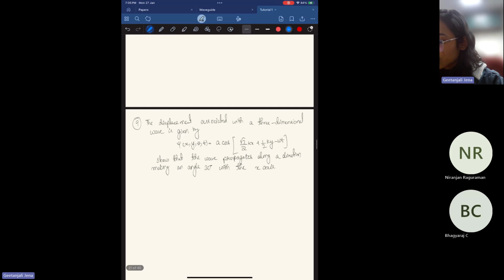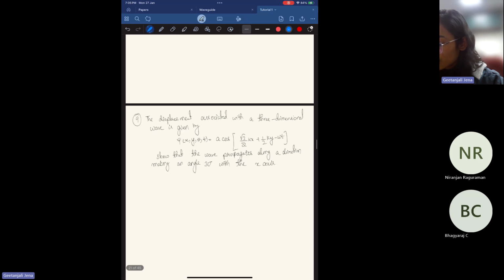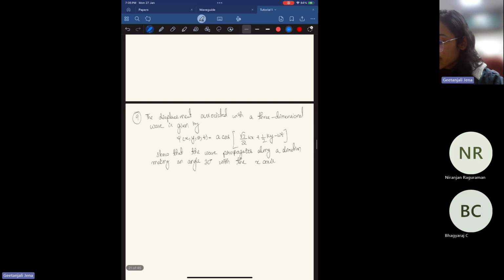It's also easy. If you know how to find out the wave vector, the propagation vector, then you can easily find out the answer.